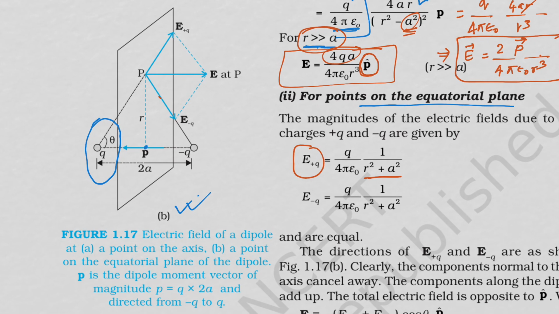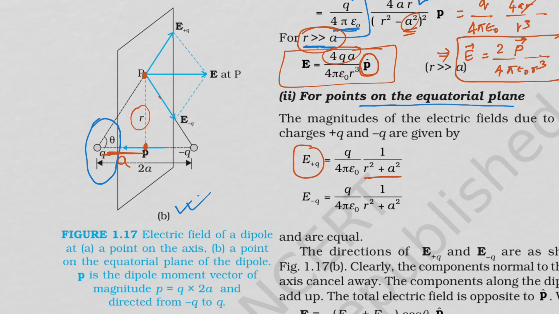Why? Because R is the distance from P to the middle of the dipole. So this distance is R, and we know the distance from the middle of the dipole to the positive charge is A.